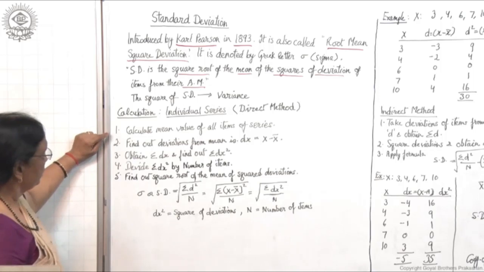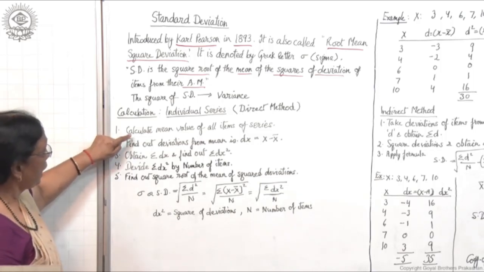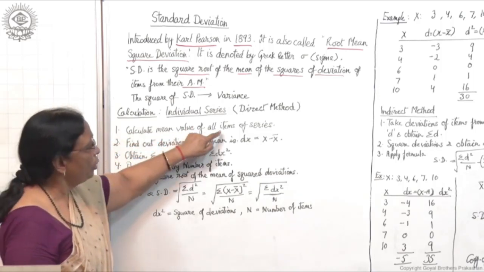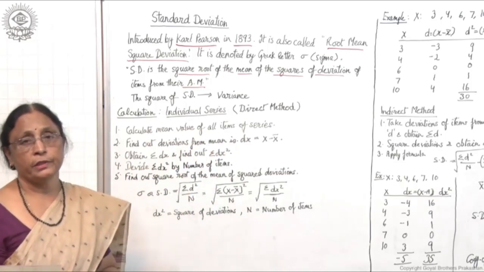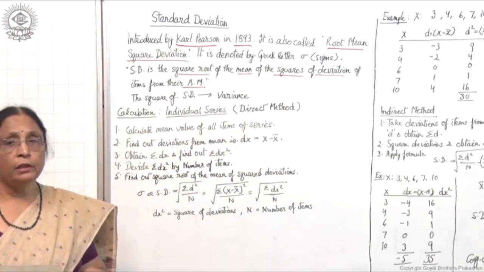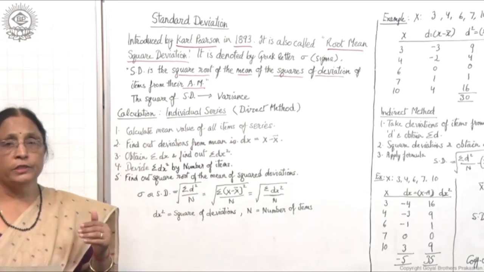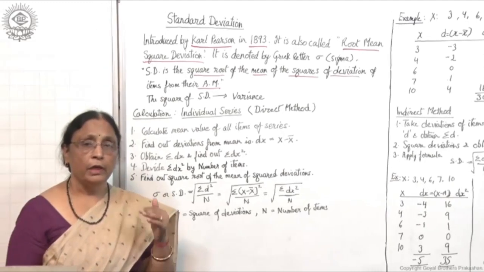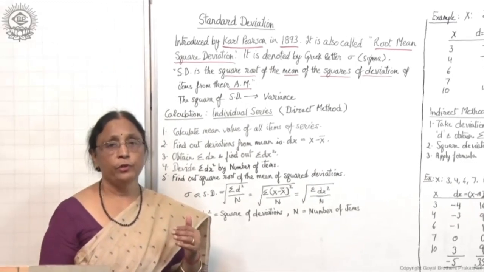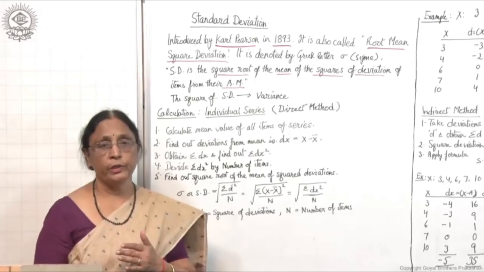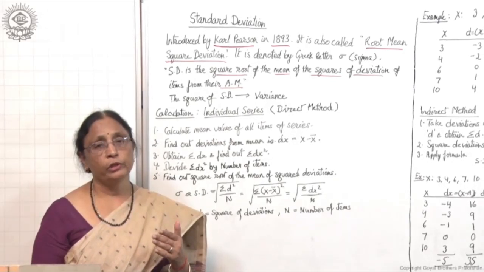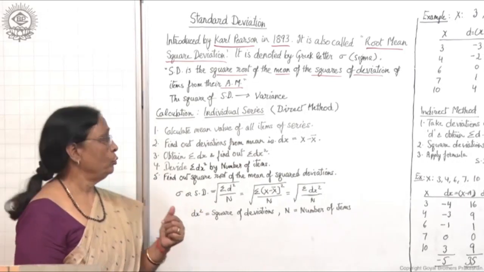What are the steps? First, calculate mean value of all items of the series, taking into consideration all the items of the series and taking out the actual mean value.